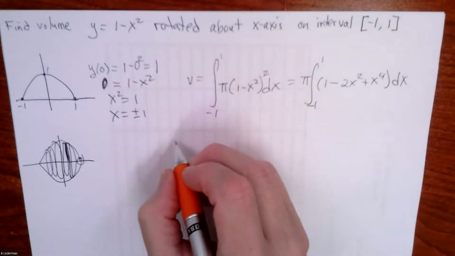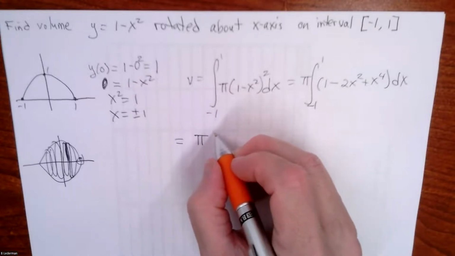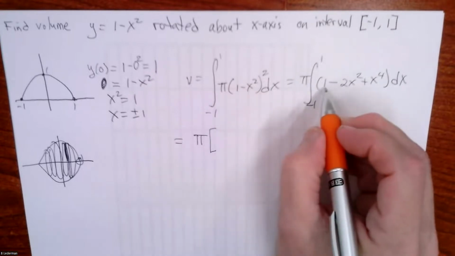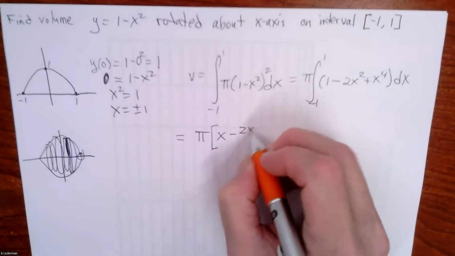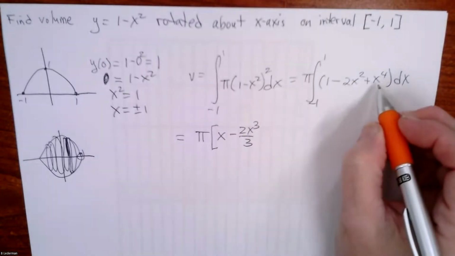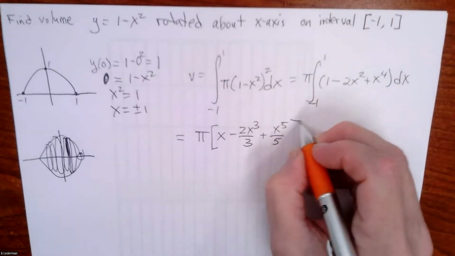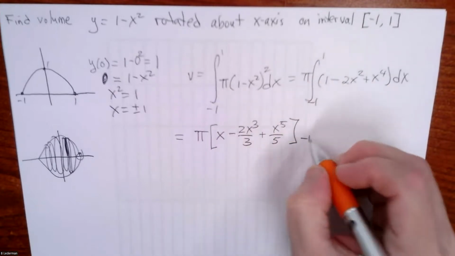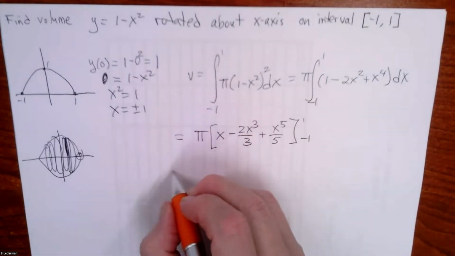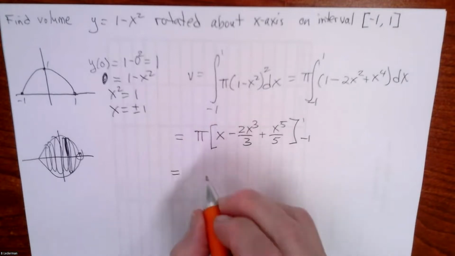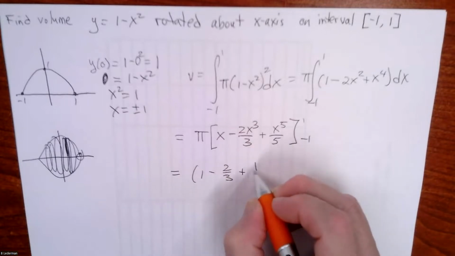Now this is actually pretty easy to integrate. This is equal to, again, pi times the integral of 1 is x. The integral of minus 2x squared is minus 2x cubed over 3. And the integral of x to the 4th is plus x to the 5th over 5. And I'm evaluating this between -1 and +1. And this is going to equal, when I plug in 1, I get 1 minus 2/3 plus 1/5.